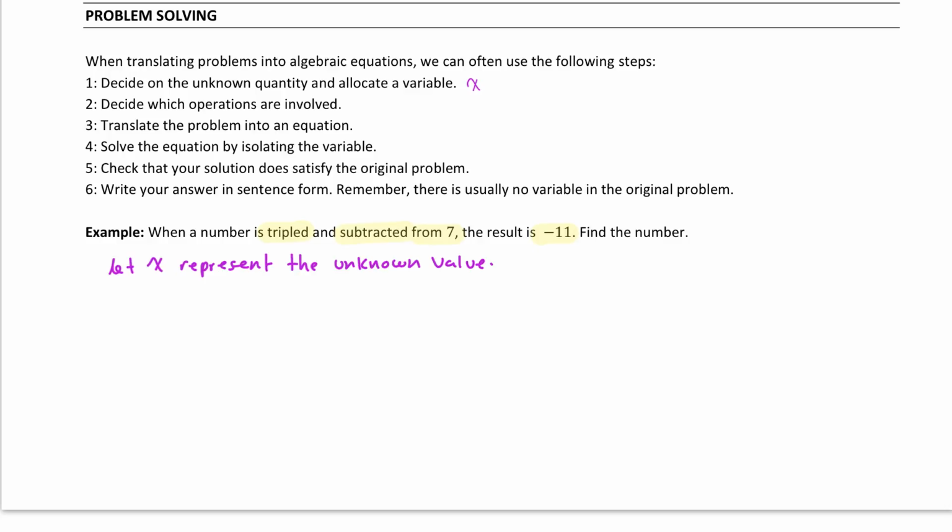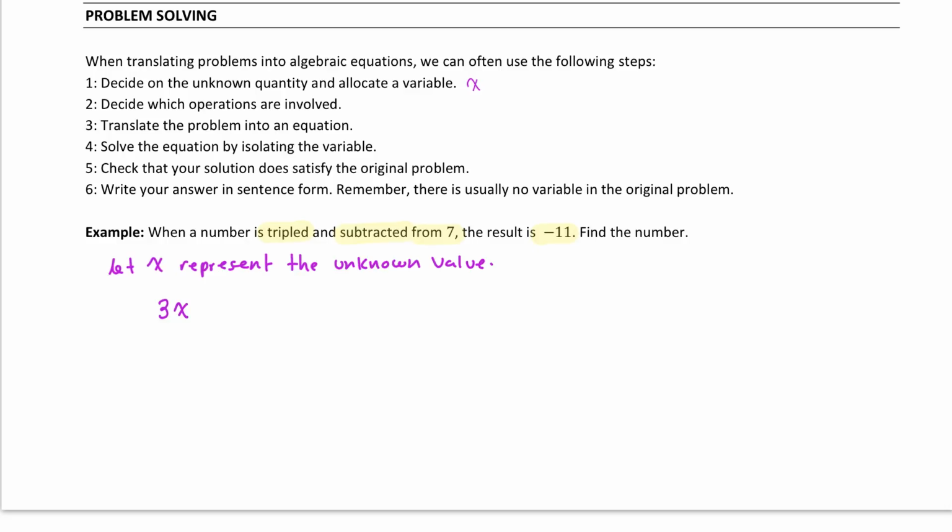We then have to use the wording of the question to come up with an equation. And the wording of the question usually hints at what operations are used inside the equation. So in this one we got when the number is tripled, meaning that the number is multiplied by 3, so 3 times x, and subtracted from 7. So if it had said that it's by 7, then you had to subtract 7.